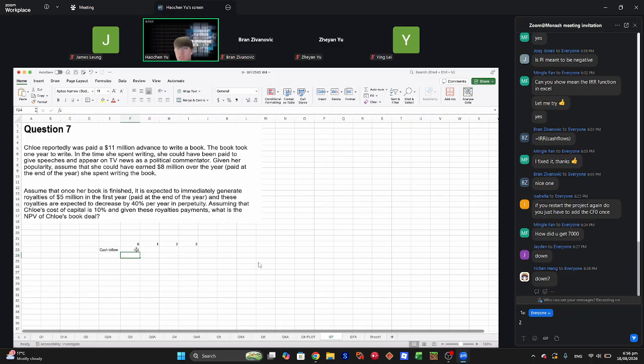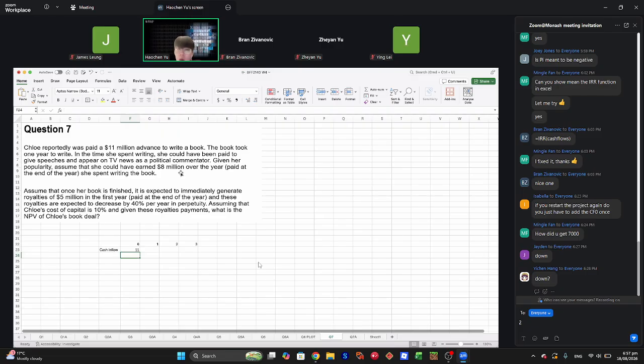After she receives this 11 million, she's going to spend 1 year finishing the writing. And at the same time, what's this 8 million? It says that if Chloe chooses not to write the book, she can earn 8 million for giving speeches.